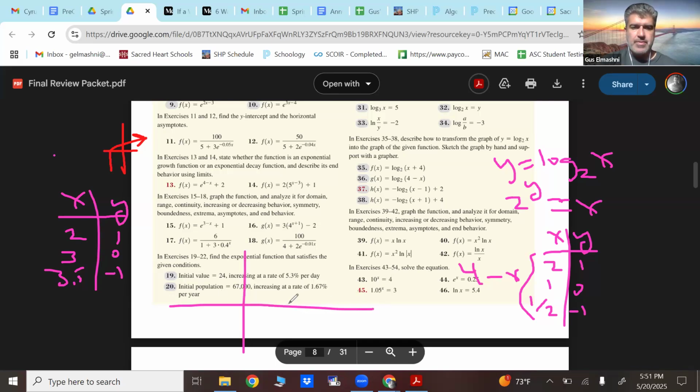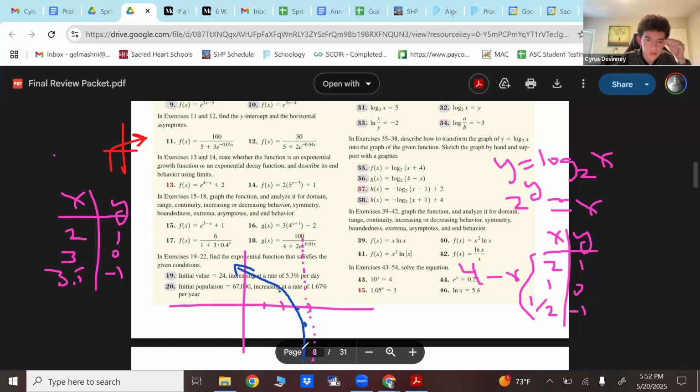And it gets reversed. Yeah. The asymptote is at 4. Yeah, 4. Correct.